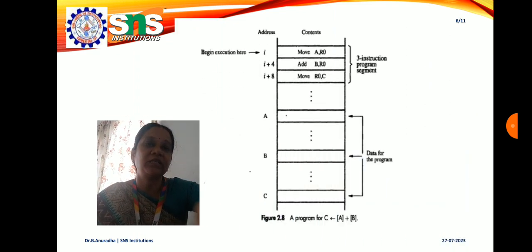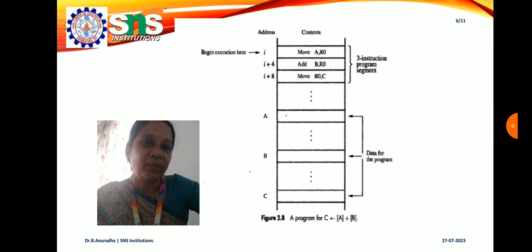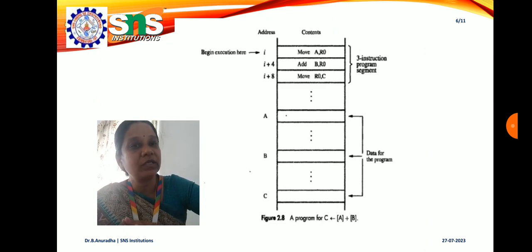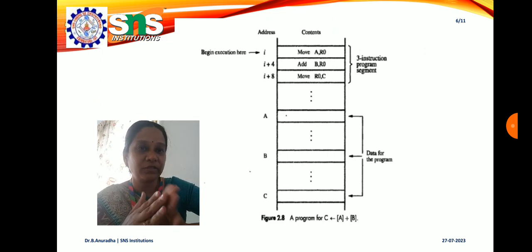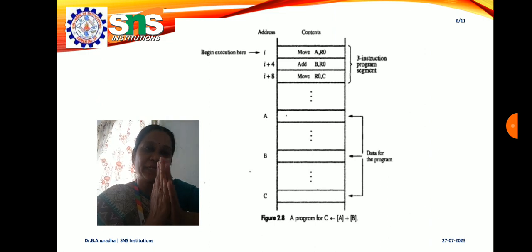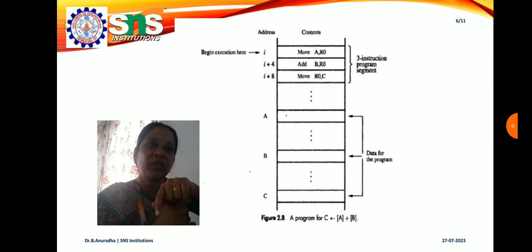As you can see in this diagram, memory is divided into fixed size blocks, and each block holds some information. It can be an instruction or it can be data. This diagram has both instructions and data. The data for the program is present in the variables A, B and C, and your instructions are present in the i-th location, I plus 4th location and I plus 8th location.